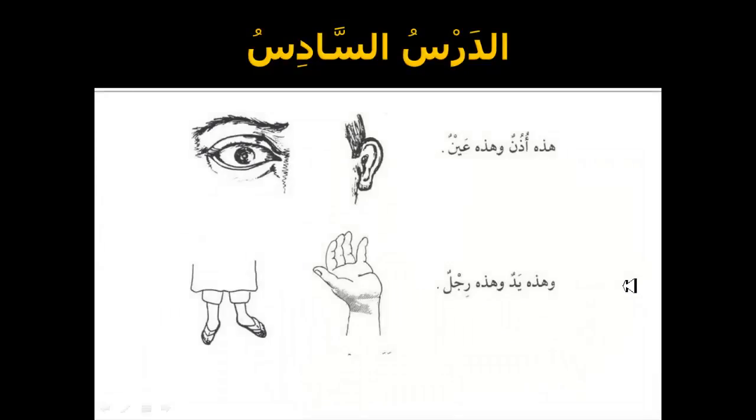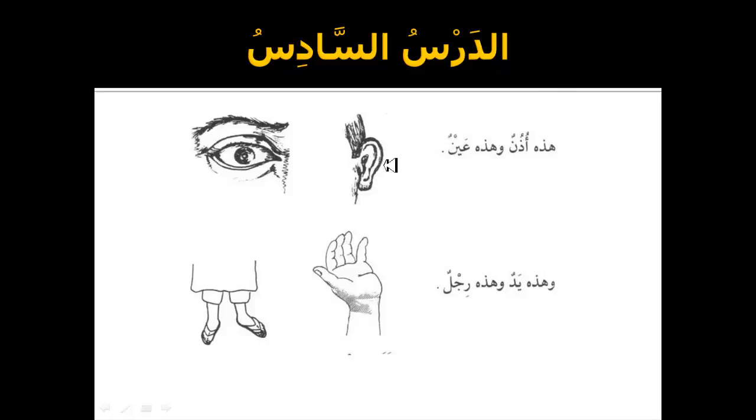Okay? Now, let's look at the next page. It's showing you that hadihi udunun wa hadihi ainun. So we look at hadihi now is feminine because now how many ears do you have? Remember, double body parts are feminine and singular body parts are usually mudhakkar or masculine.